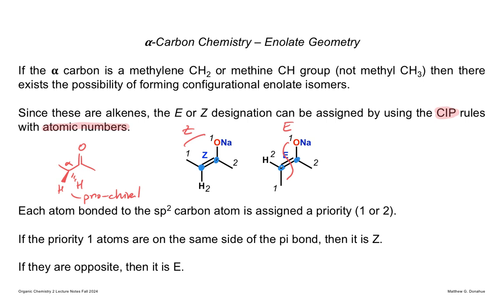And so to further explain to you, that wedge means it's coming out towards you, right? And the dash is behind. So that's a spatial orientation. And if I do a bond rotation, and I'll highlight it in different colors here.